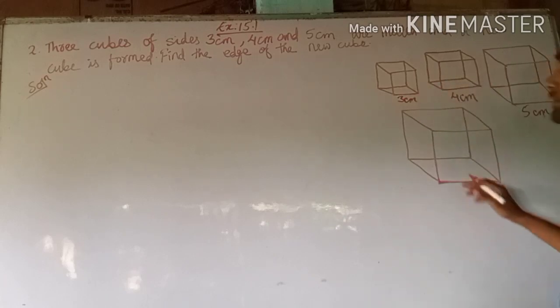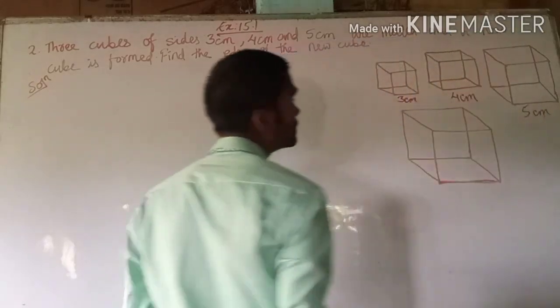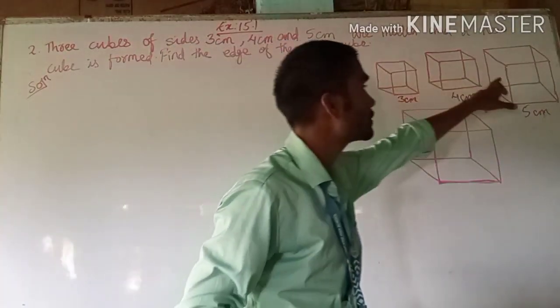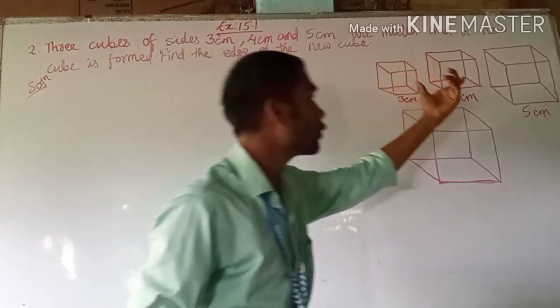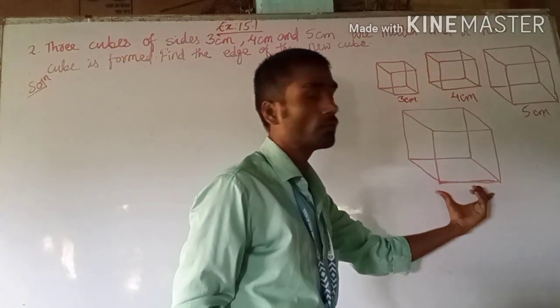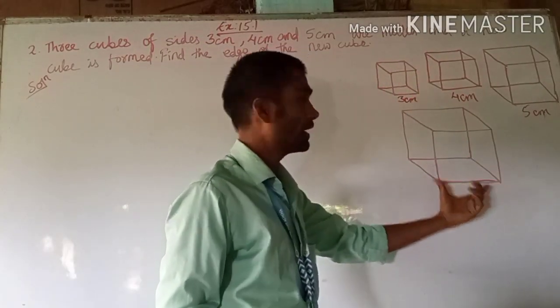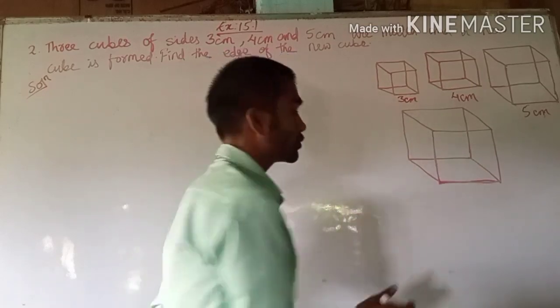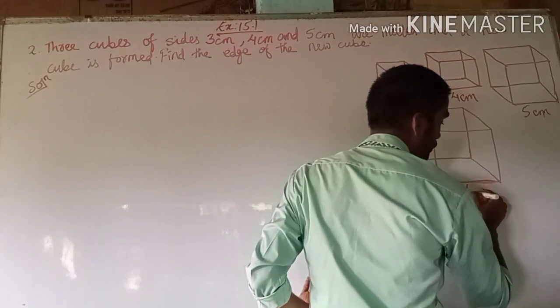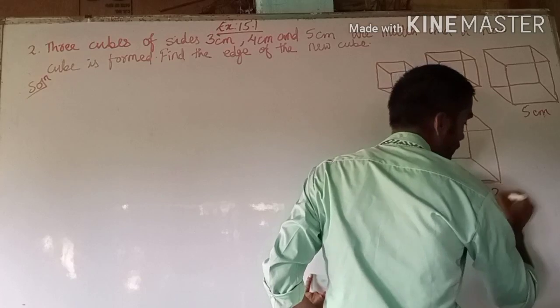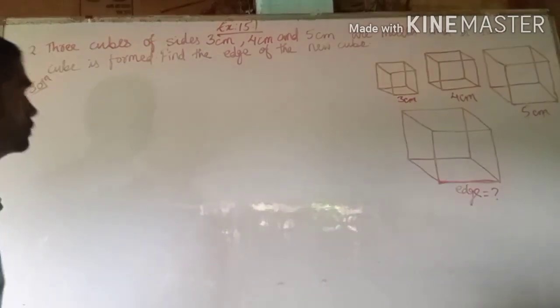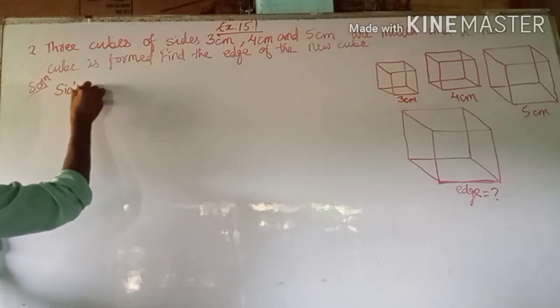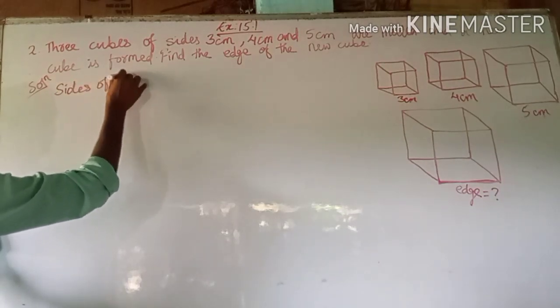So what we will do is, first we will find the volume of these 3 cubes, and then that volume will be equal to the volume of this larger cube. Then we can find the edge of the larger cube.